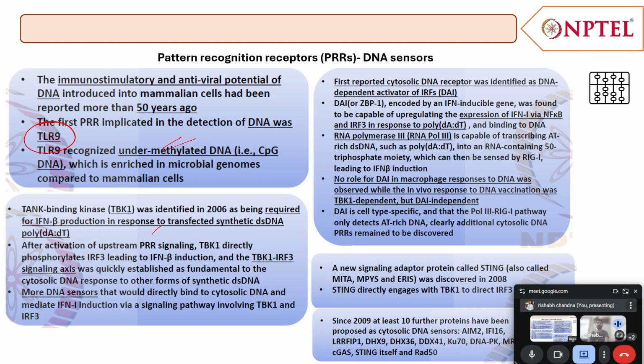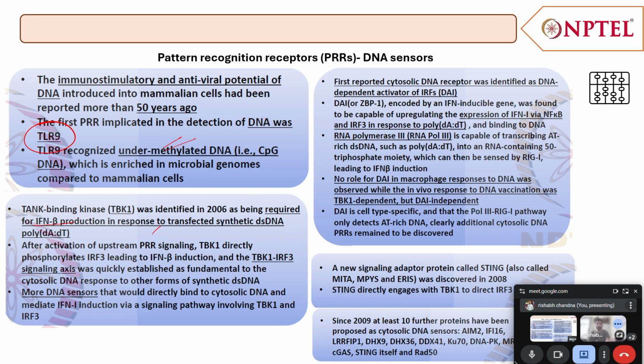Now, in other examples, we have the TANK binding kinase, or TBK1, that is required for IFN beta production in response to transfected synthetic double stranded DNA, or poly dA:dT.